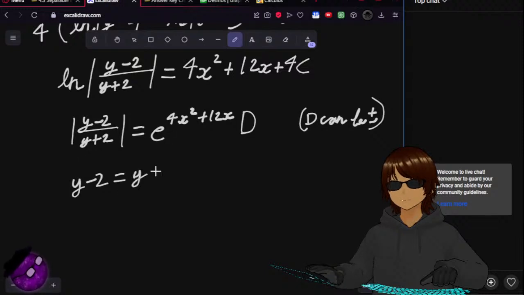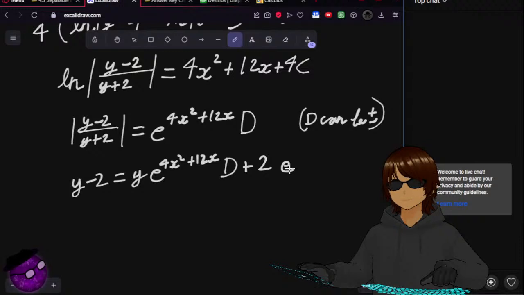Y plus 12. Can't we extract 4 as well? Then e to the power of 4. Never mind. Plus 2, same thing.